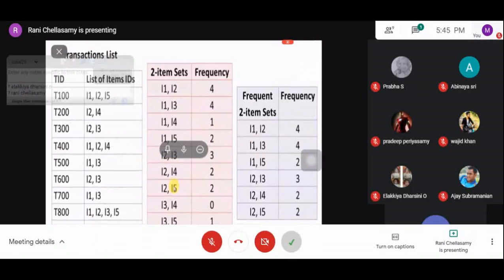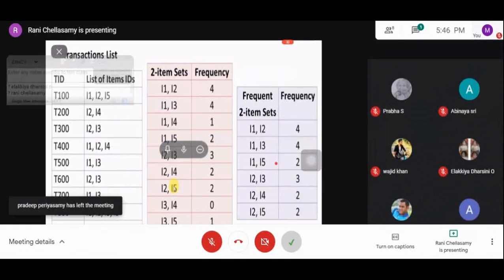Okay. So after getting the frequent 2 item set, next we have to go for finding the 3 item set. With this 2 item set, you have to go with the 3 item set. How will you find? So I1, I2, I3. Okay. Then I1, I2, I5. Okay. And I2, I3, I4.